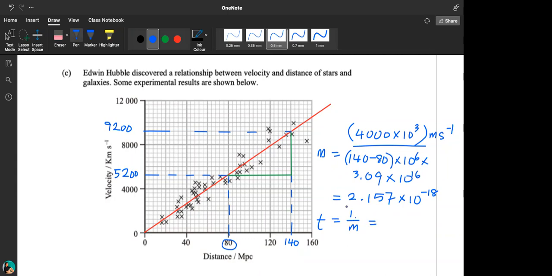Okay, so that's my gradient. It is in second minus 1. That's the Hubble constant. And then we change to 1 divided by this one, we get 4.64 times 10 to the power 17 seconds.